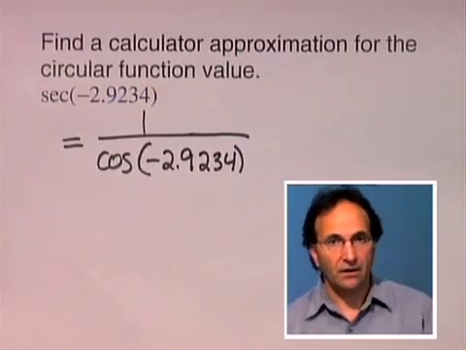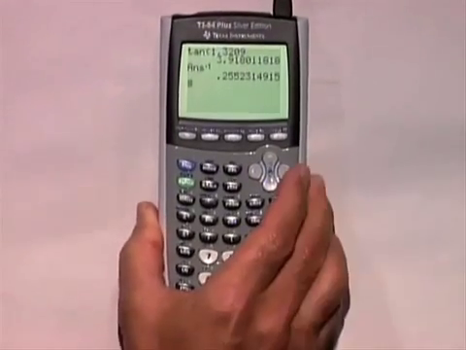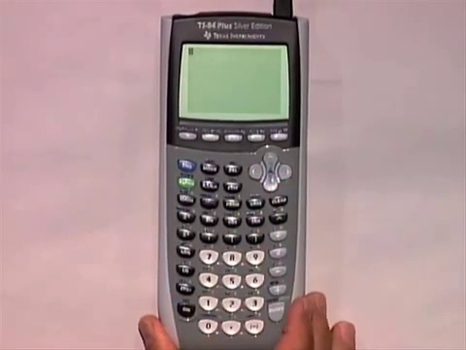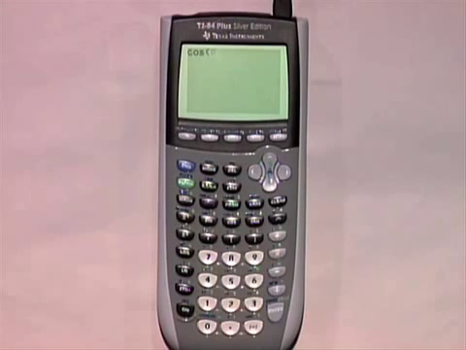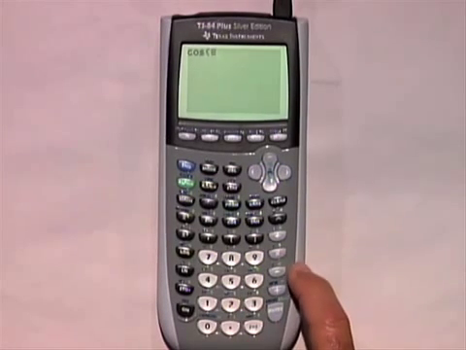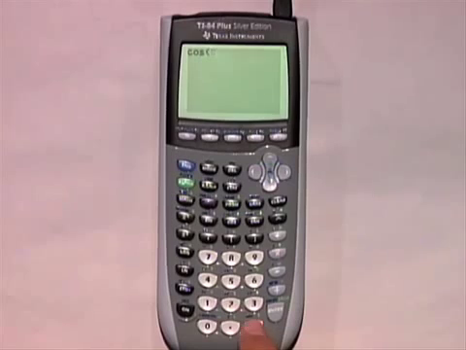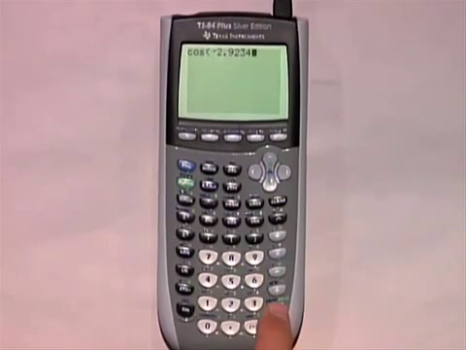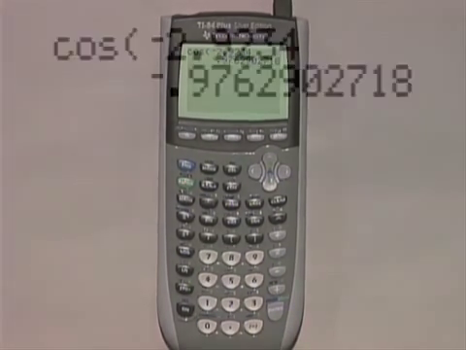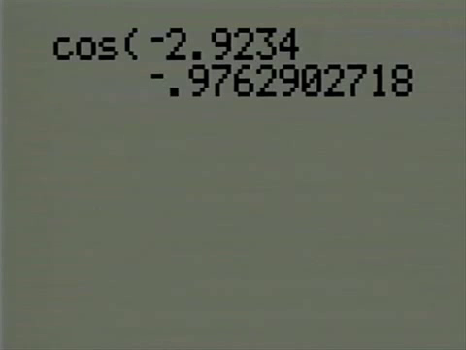So we'll bring in the calculator, clear what's in there, and now press the cosine key, enter in the negative key, which is the key down here, not the subtraction key over here, but the negative key here, and type in 2.9234.